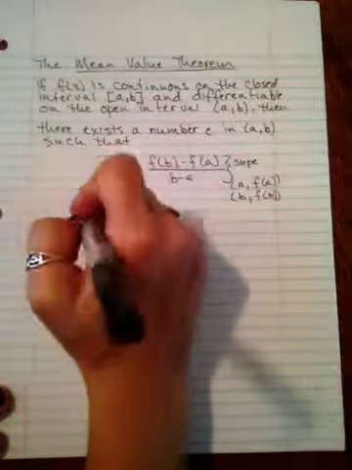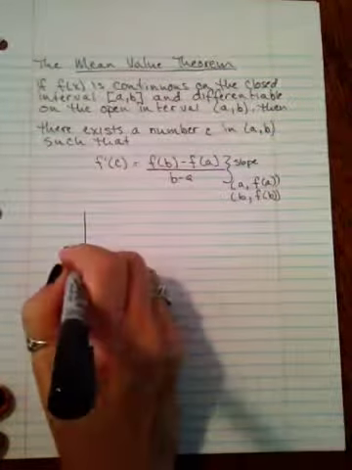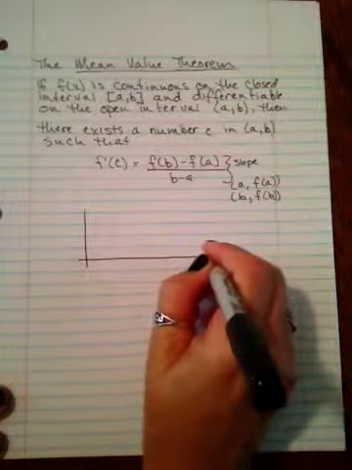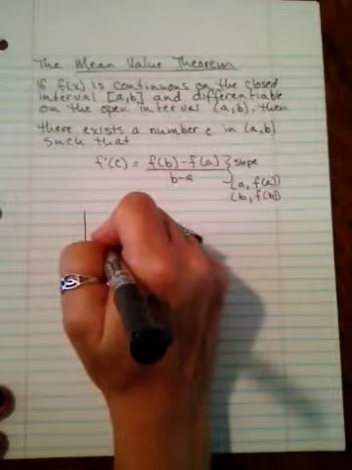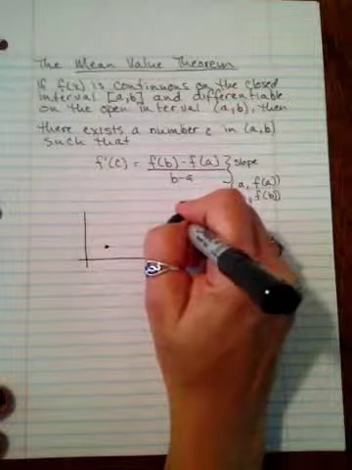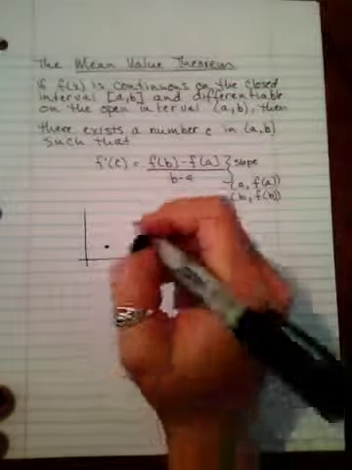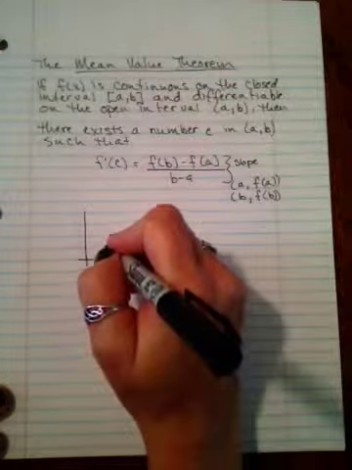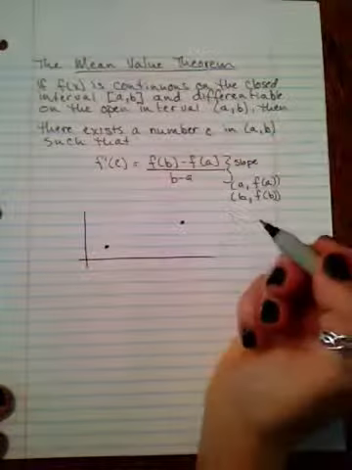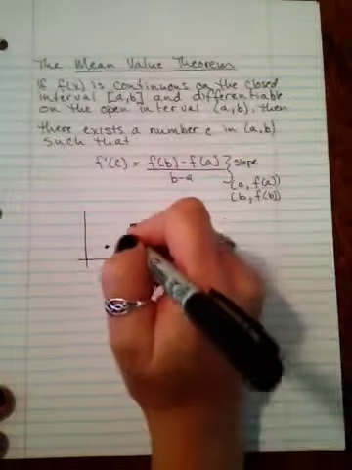So what this is saying is that if you have some function, and let's say an endpoint's here, an endpoint's here, and we draw a function that's a nice smooth curve, it's continuous, can't pick up my pen, no cusps.